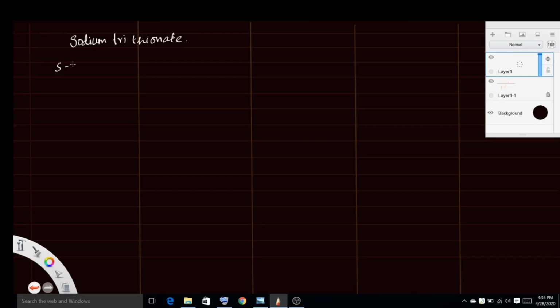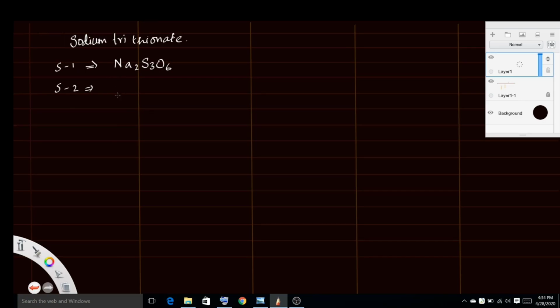Now try to understand sodium trithionate. In step 1, we have the correct molecular formula, that is Na2S3O6, sodium trithionate. Step 2 is the structure assigning.